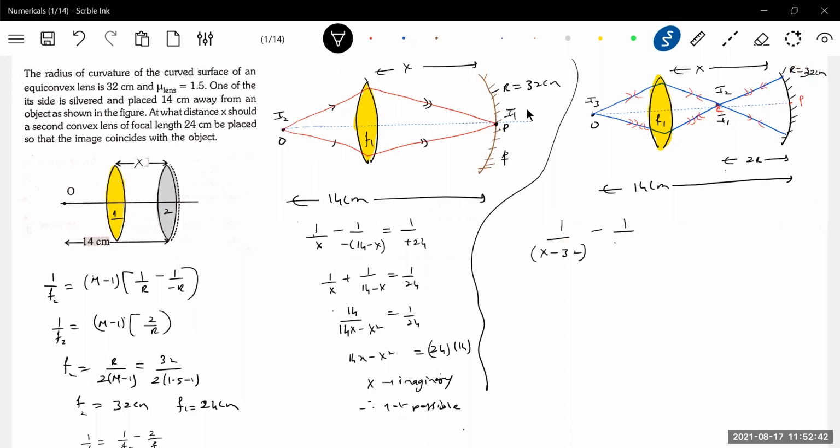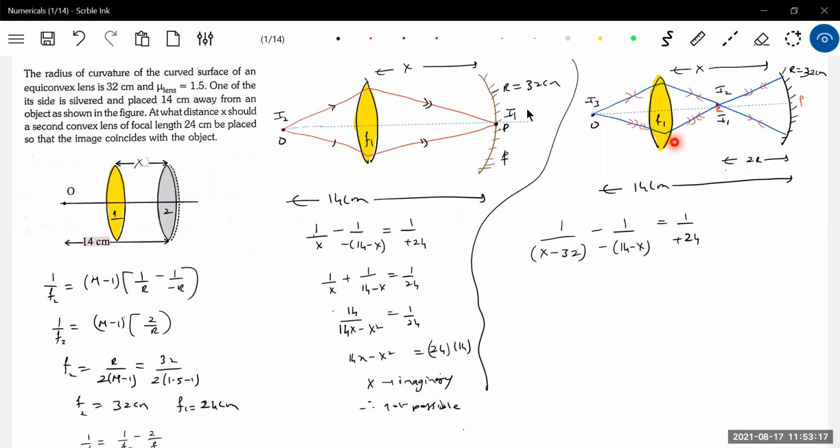Minus of 14 minus x equal to focal length, f1 somewhere we wrote it, plus 24. Now solve for x. This is the object distance. So this distance we can write as x minus 2r.